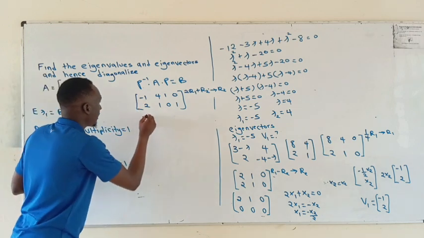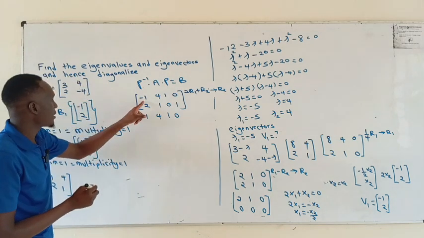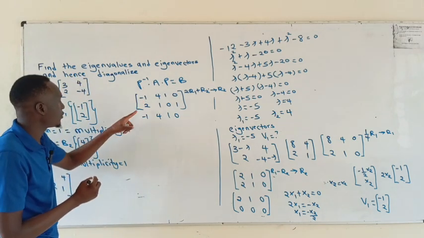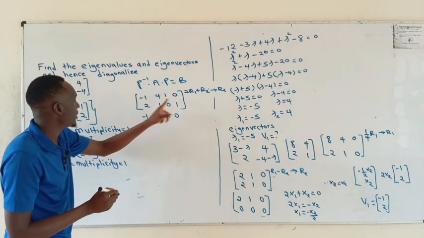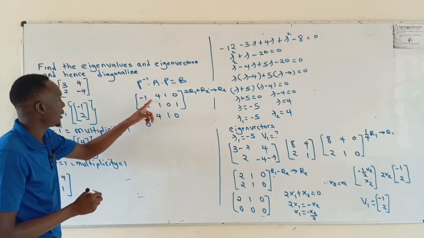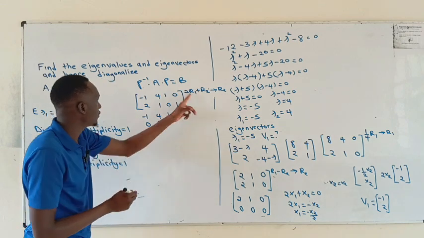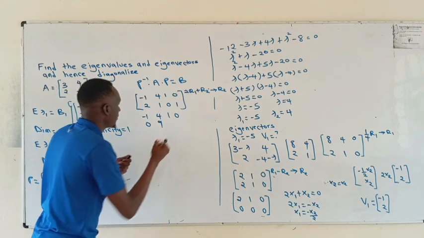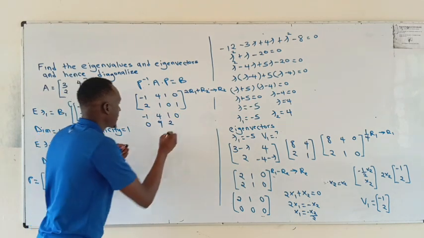Let's maintain row 1: negative 1, 4, 1, 0. 2 times negative 2 is negative 4, negative 4 plus 2 is... Then 2 times 4 is 8, 8 plus 1 is 9. Then 2 times 1 is 2, 2 plus 0 is 2. Then 2 times 0 is 0, 0 plus 1 is 1.